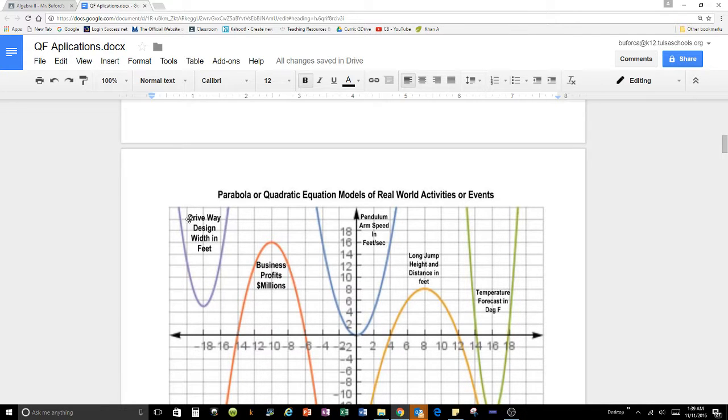And here are some other parabolas that open upward, and the vertex is a minimum because it's the lowest point on the parabola.